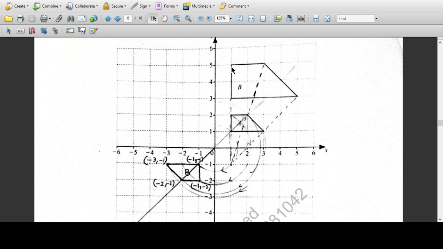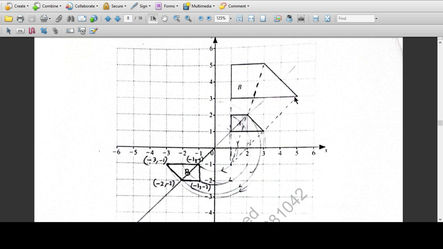Similarly, from this point and this point, we will draw this. So they intersect at a common point, which is 1 comma minus 1. So this is the center point.